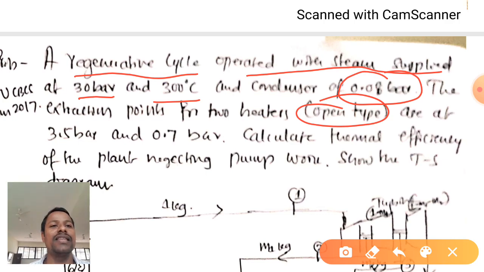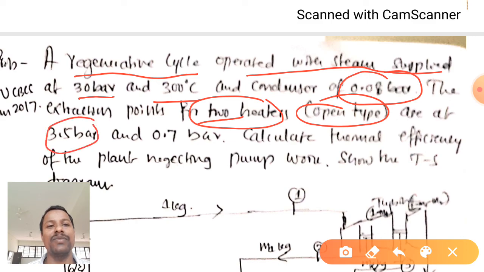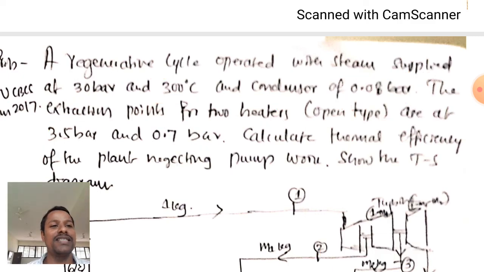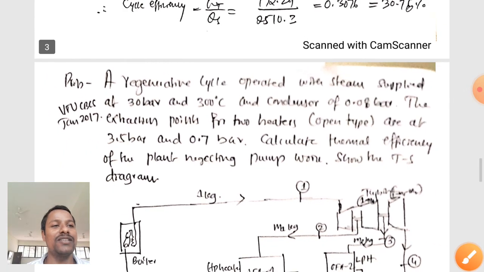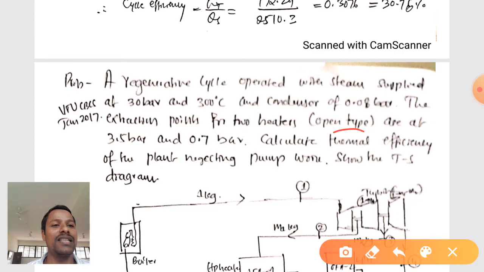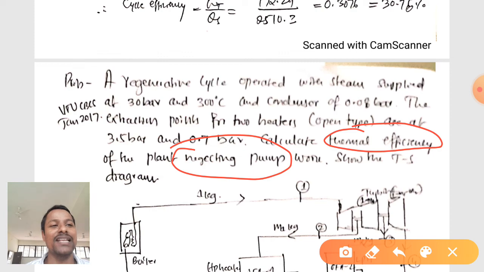There are 2 heaters mentioned in the problem statement. The extraction pressure for the first open feed water heater is 3.5 bar, and the second feed water heater is 0.7 bar. Given this data, we are asked to calculate the thermal efficiency of this plant, neglecting the pump work.